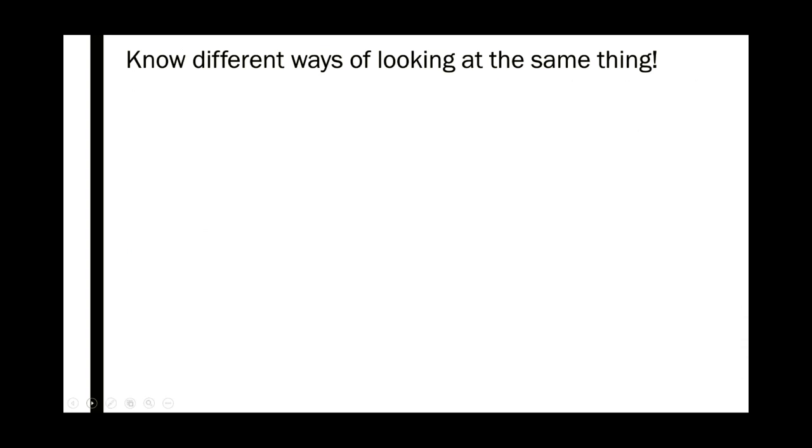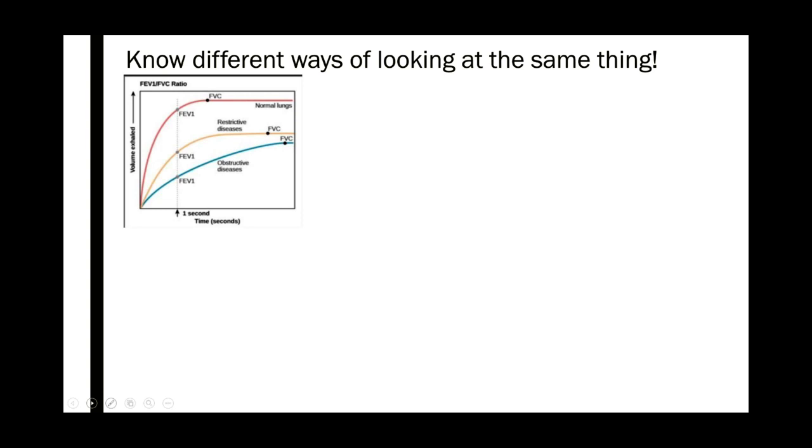So in physiology questions, specifically respiratory physiology questions, you have to know different ways of looking at the same thing. Especially the USMLE loves giving you graphs that are upside down, backwards. The axes are different than you're used to looking at.